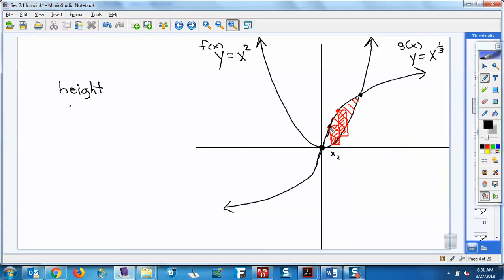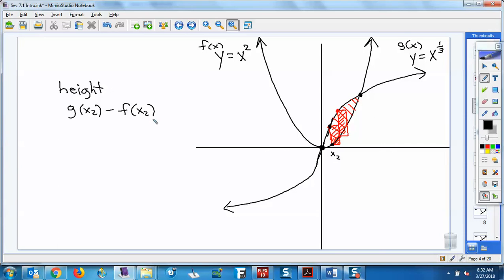Wouldn't it be this y value minus that y value? What would be the name of this y value? g of x sub 2. And what would be this y value? f of x sub 2. Right? Now the x sub 2 part, don't worry about. But why would it be g minus f? Why wouldn't it be f minus g?